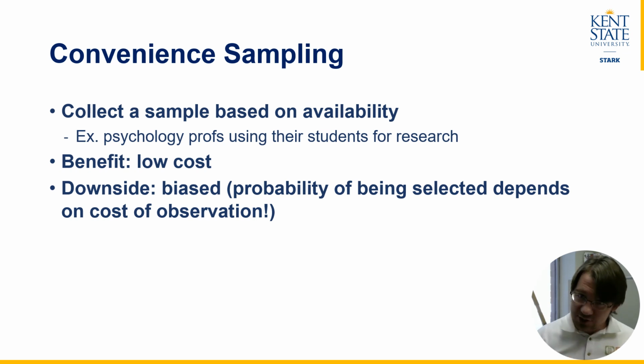Though we do have to be very cautious about inferring from such samples to broader populations that would include those less convenient observations. In fact, you could say that thanks to psychology professors using their students as subjects, we know a lot about the psychology of college students that take psychology classes, but we might not know very much about the psychology of anybody else.